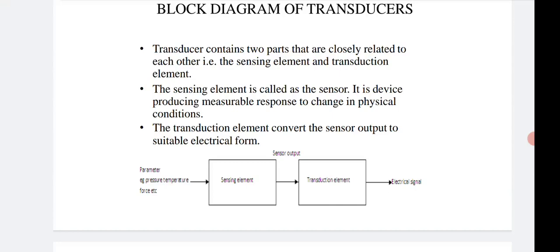So the sensing element converts the physical condition into a measurable response, and this measurable response is again converted into the electrical form. That is, the sensor part is again classified into a sensing element and a transduction element.